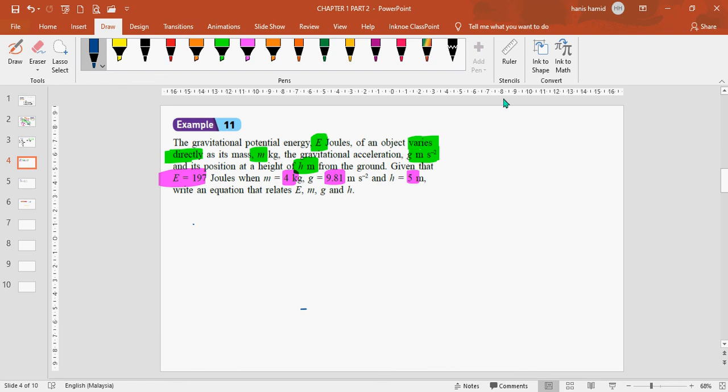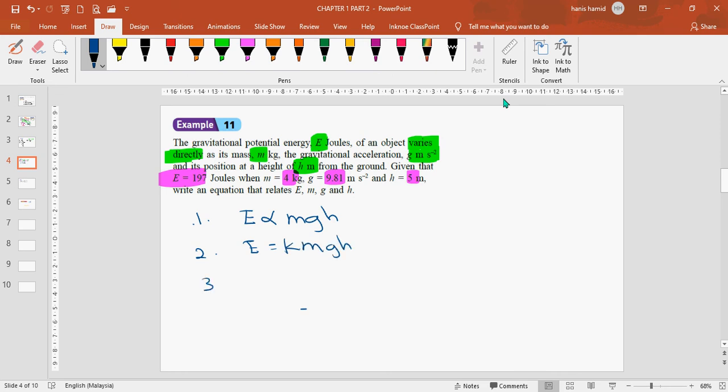So let's do step 1, write in the form of relation. E varies directly as, refer to the green highlight, mass M, and G, and also H. The second step, write in equation form: E equals kMGH.